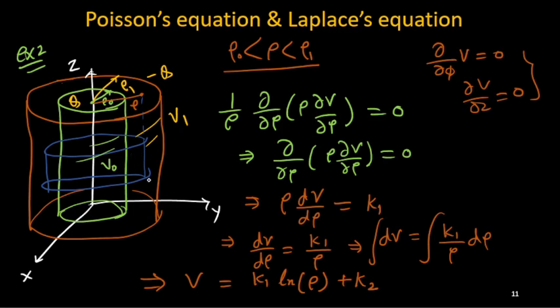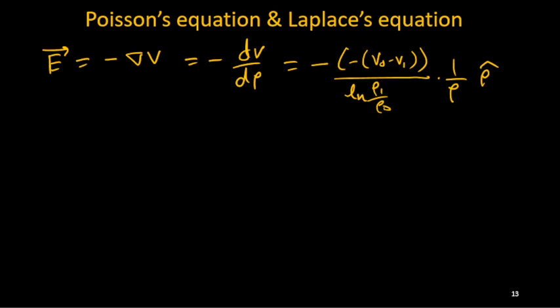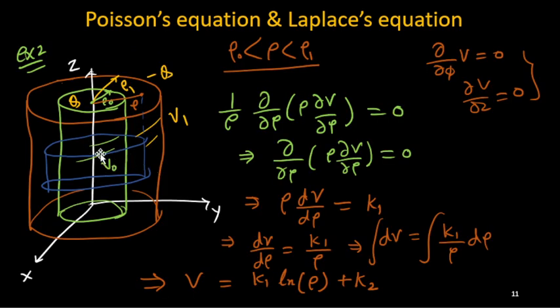Within that, how much charge is there? E dot ds equals the total charge enclosed by this. So if I consider the line charge density rho L, and this length is capital L, then rho L times L will be the total charge inside.